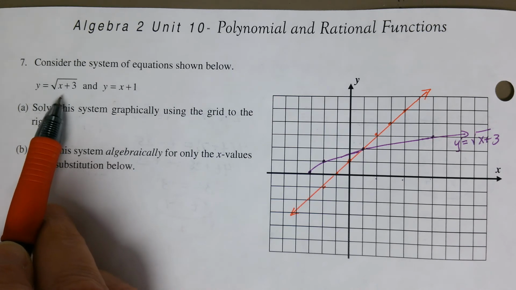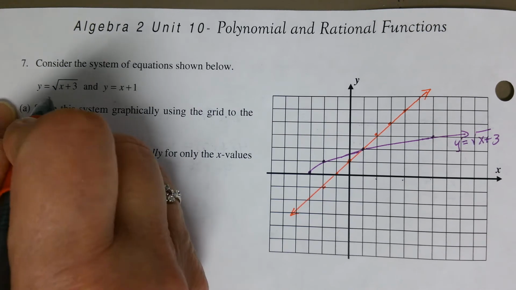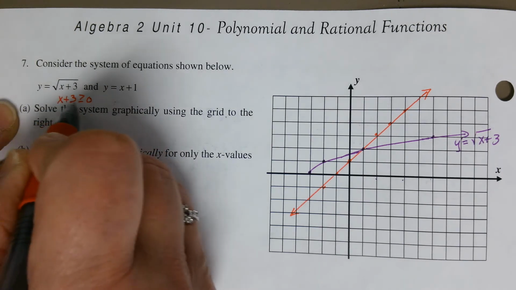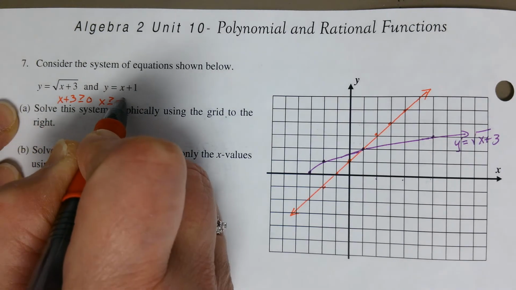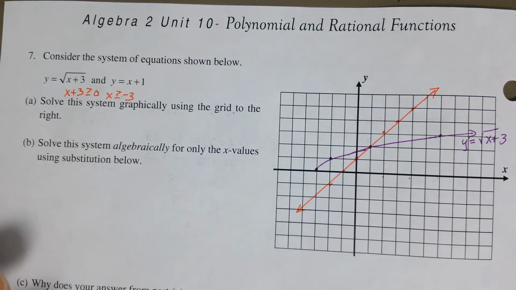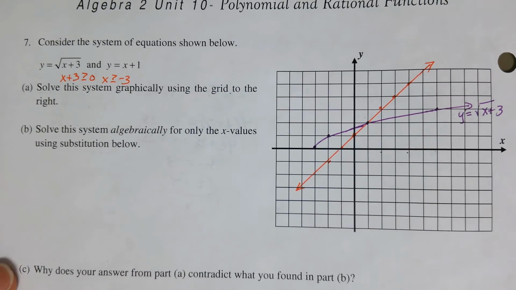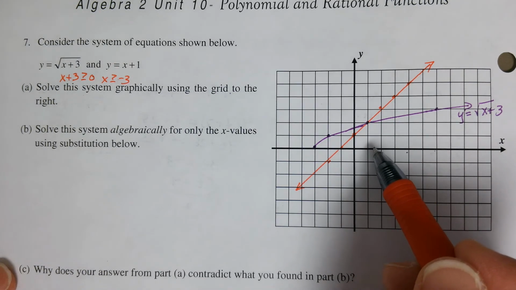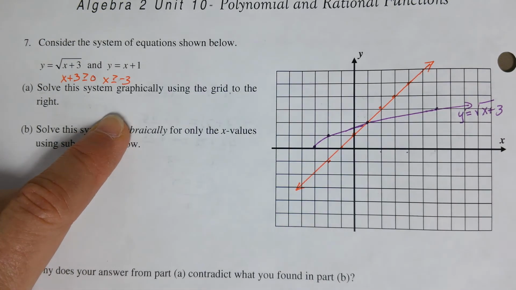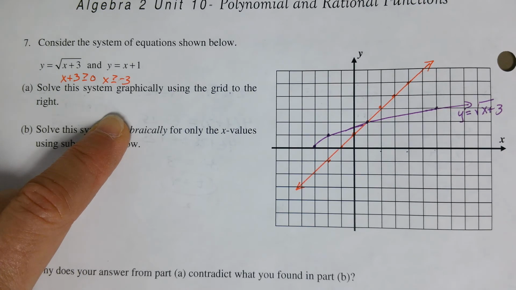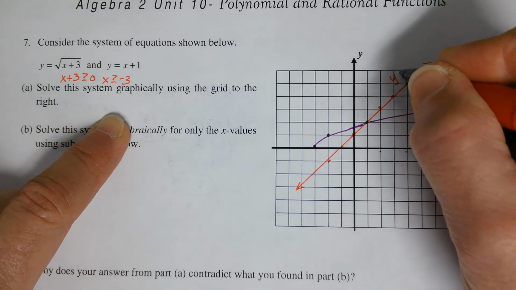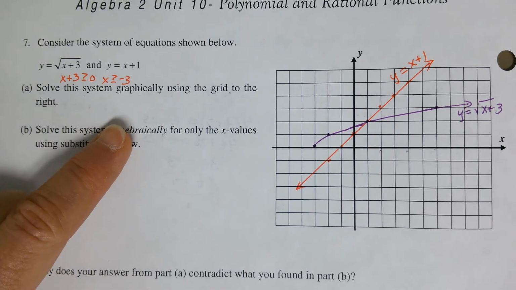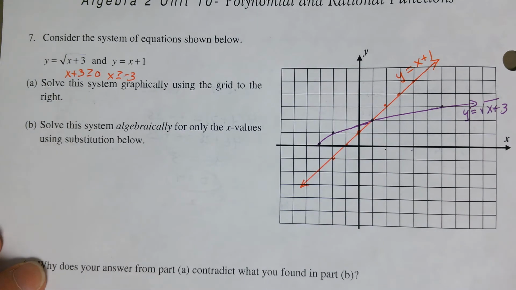I think I might have said 0 before. For the domain here, x plus 3 has to be greater than or equal to 0, so x has to be greater than or equal to negative 3. Okay, so solved graphically, we have one solution. That is 0, 2. I mean 1, 2. Sorry.